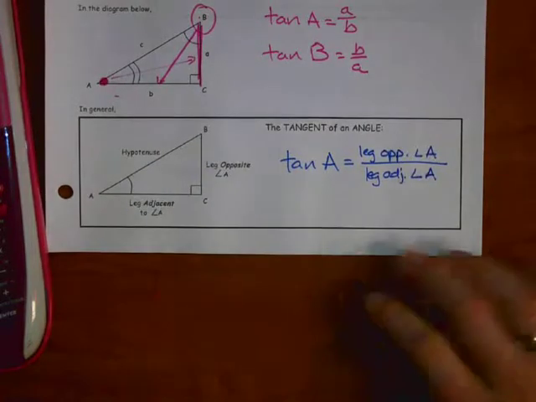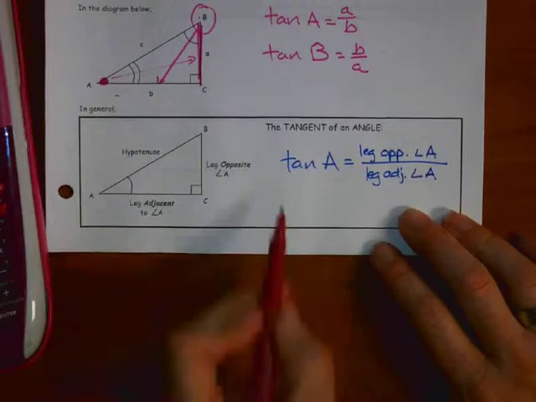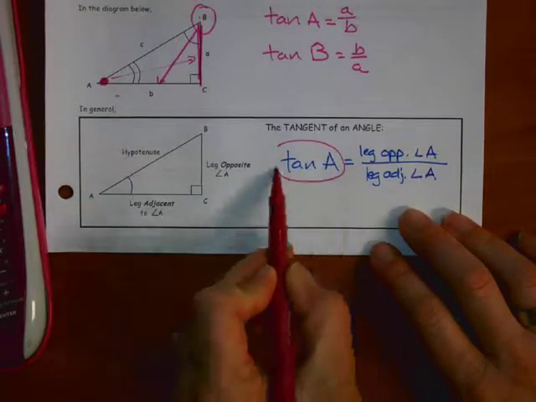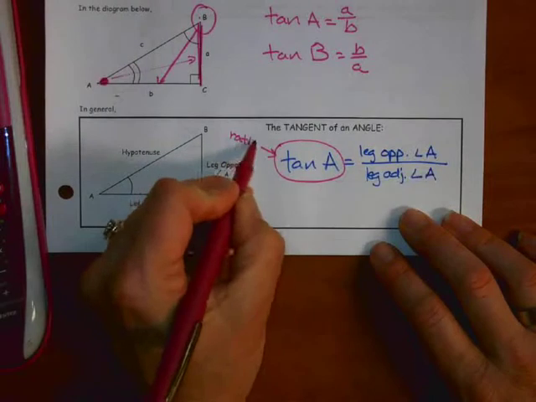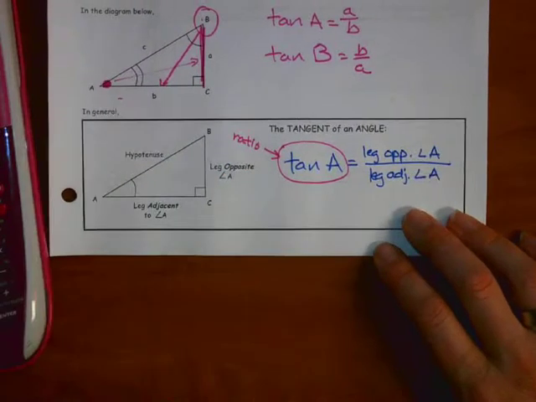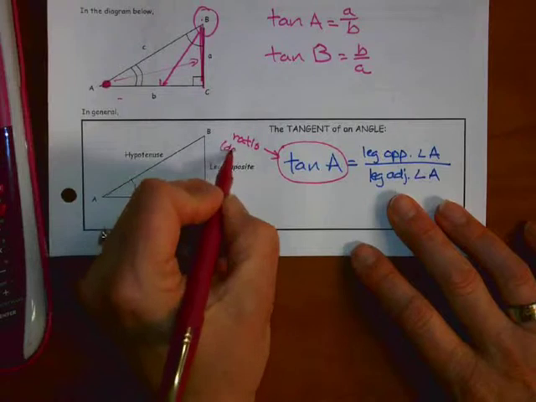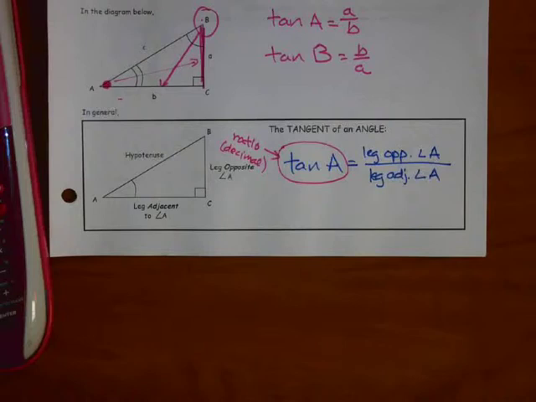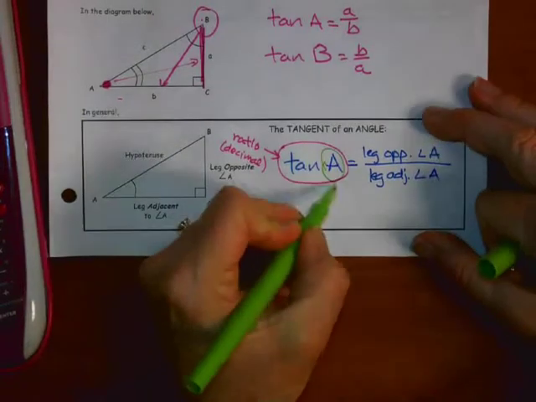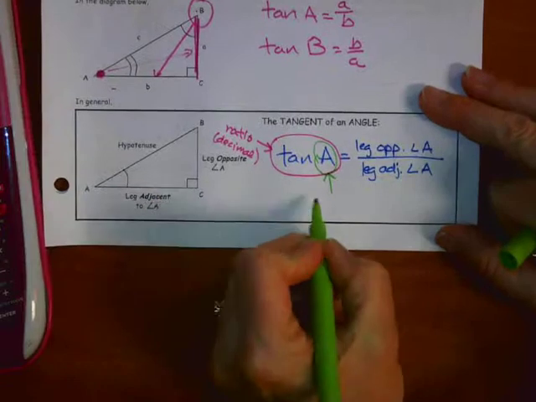Now I want you to do something on here. This thing together, that is just a number, and it's a ratio. It's just a number. Usually you'll see it as a decimal. Okay, together. This part of it is an angle measure.